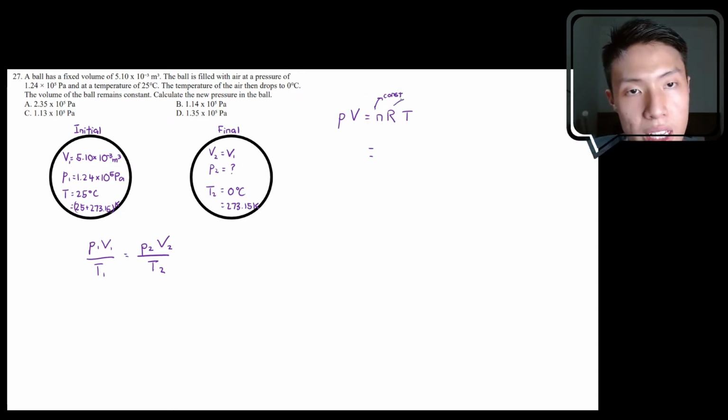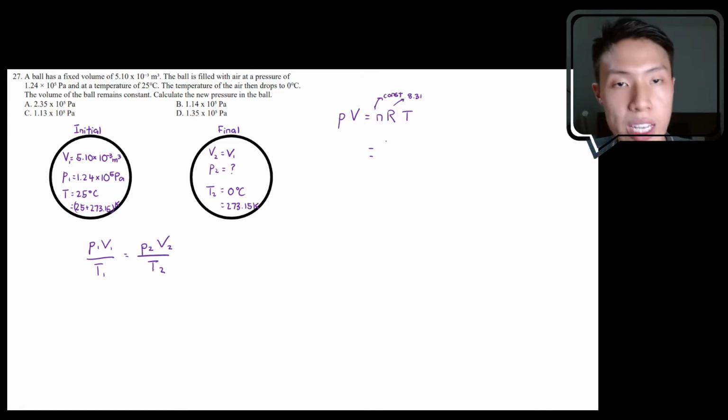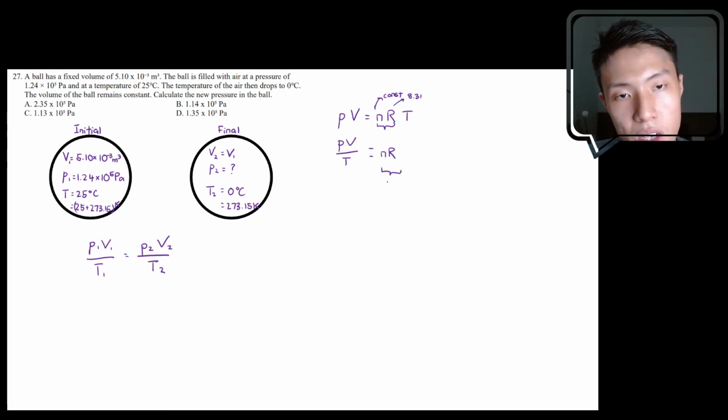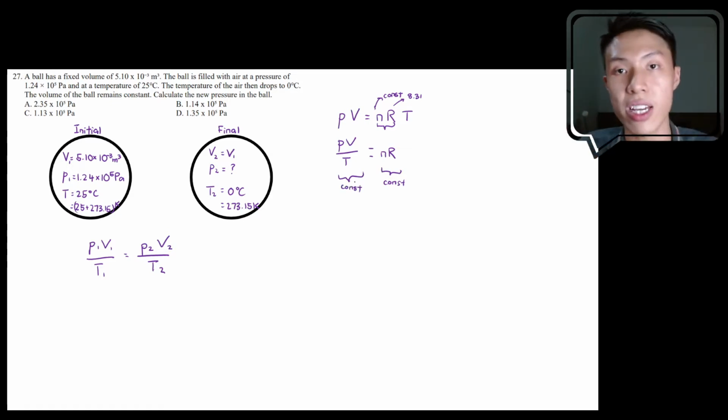You also know that R is constant, 8.31. So if we bring n and R to one side and everything else to the other side, we know that PV over T must also be constant, because if the left hand side doesn't change, then the right hand side should not change as well.